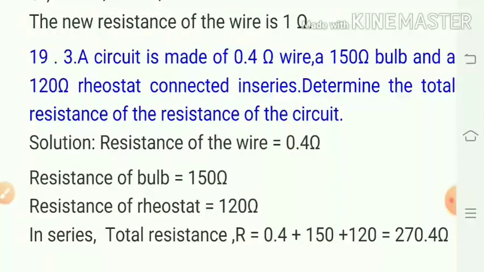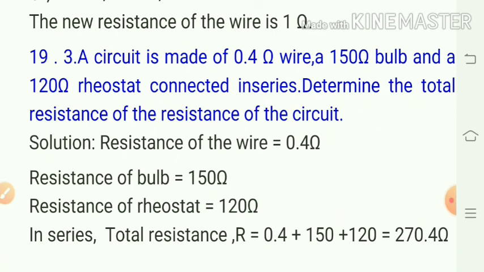A circuit is made up of 0.4 ohm wire, 150 ohm bulb and 120 ohm rheostat connected in series. Determine the total resistance of the circuit. Solution.